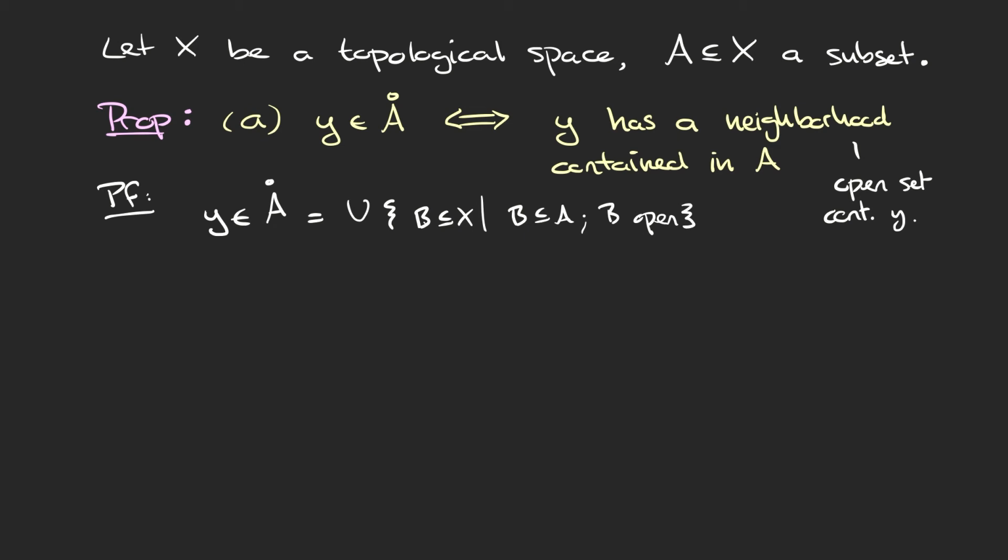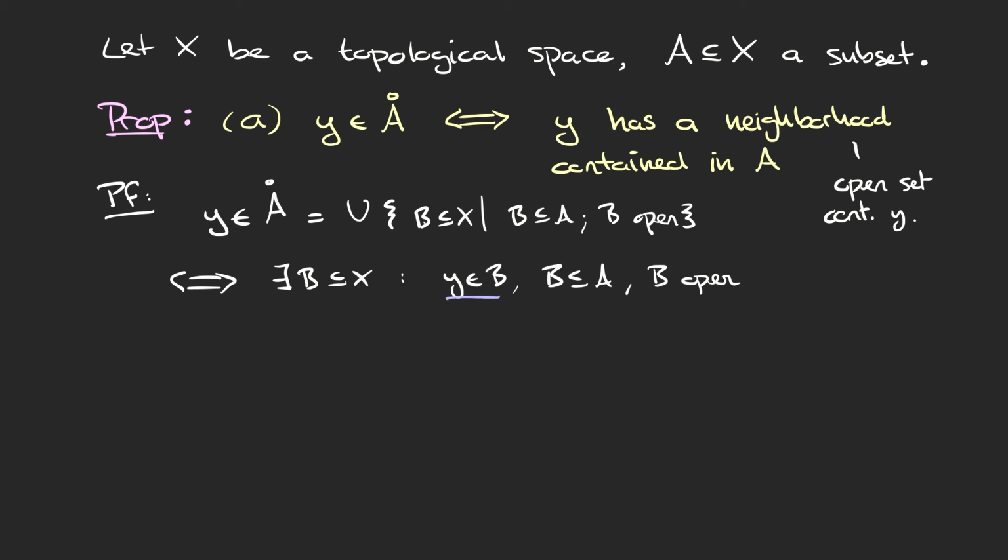Okay, so y is in this set, the interior of A, which is this union, and by definition, a point is in the union if and only if it's contained in one of the sets that's being unioned over. So the definition of a union says that there exists some subset B of X such that y is contained in B, and now because B is part of this union, B is a subset of A, and also B is open.